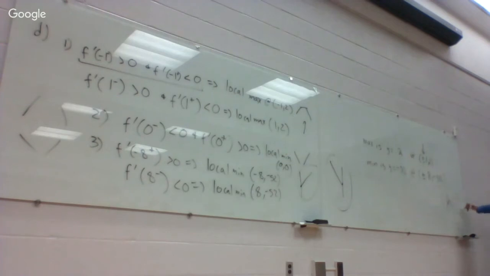If you have something like this, you see the domain is forever. Since it's getting smaller and smaller, you'll have local mins and local maxes, but you'll never have absolute.